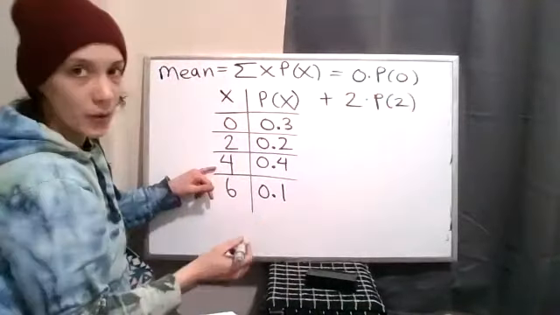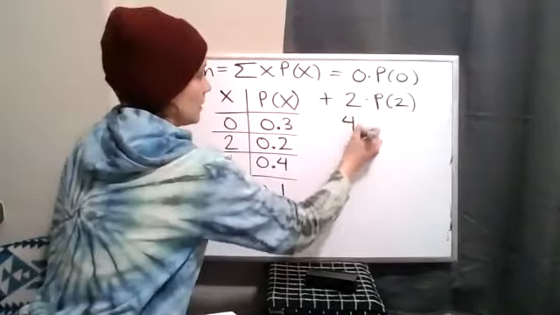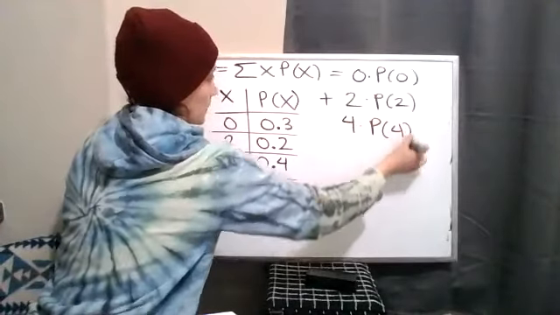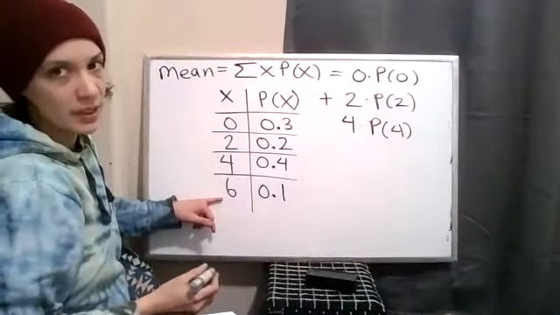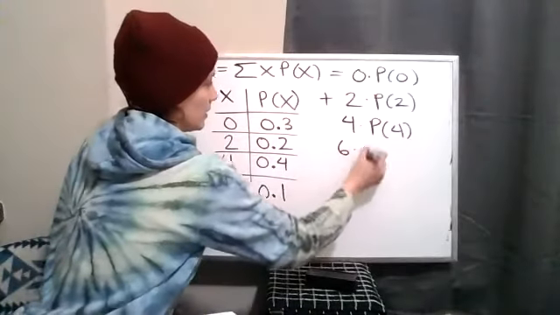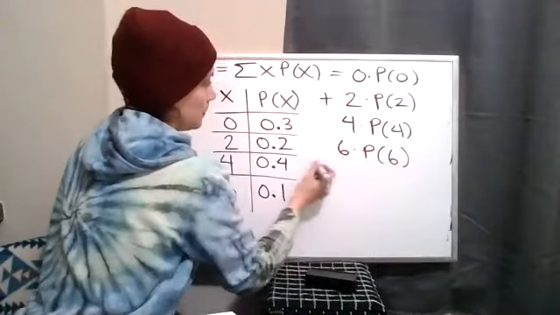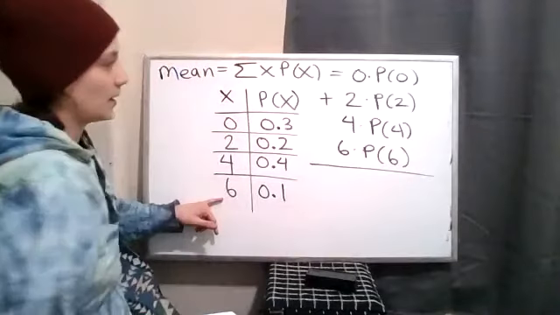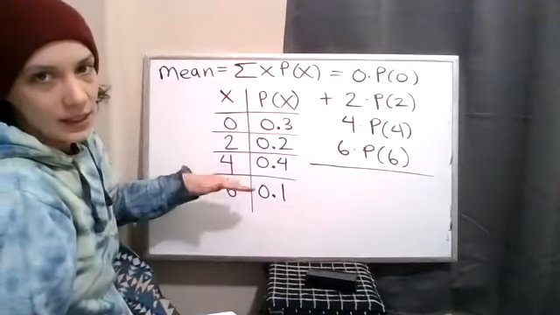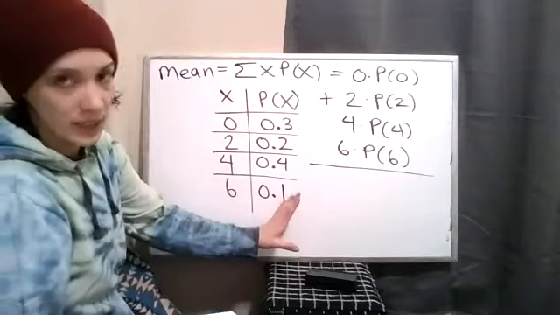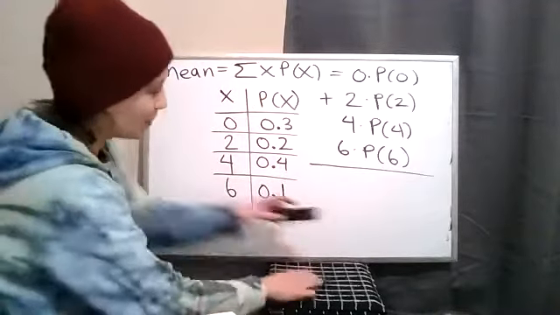I'm going to add 4 times p of 4. And add 6 times probability of 6. I'm going to put in all the probabilities.